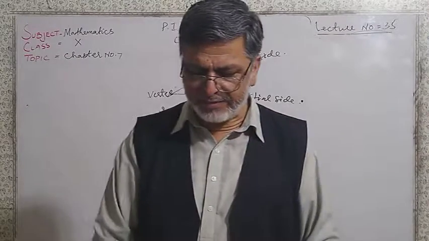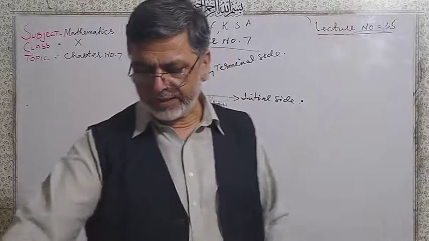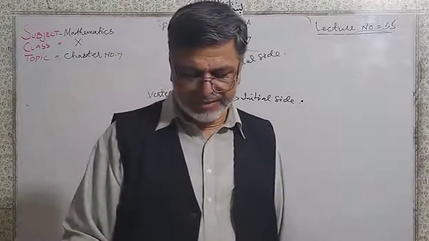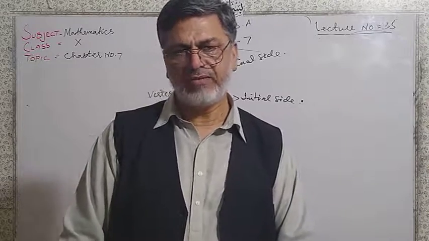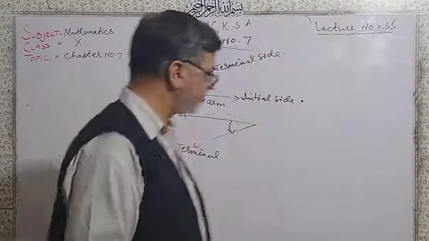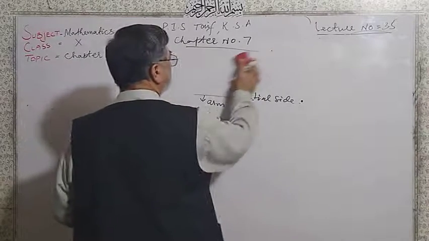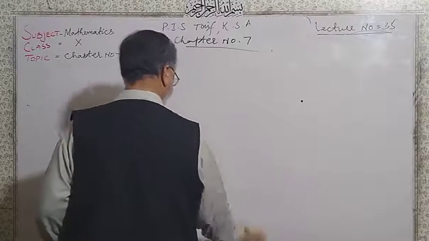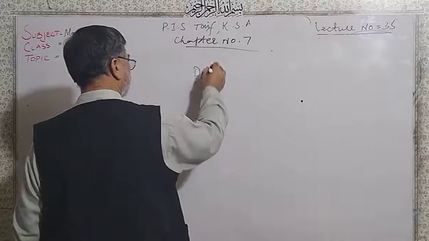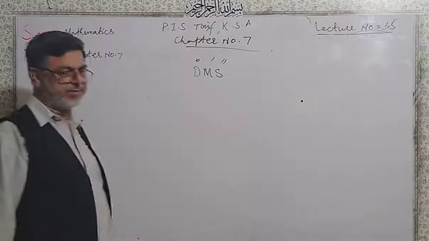After this, we have the system of measurements of angles. Remember that we have three systems of measurement of angle. One is the DMS system, degree, minute and second system.